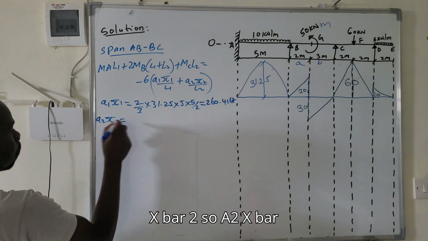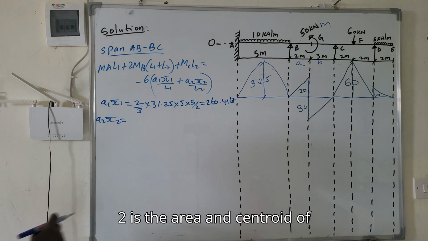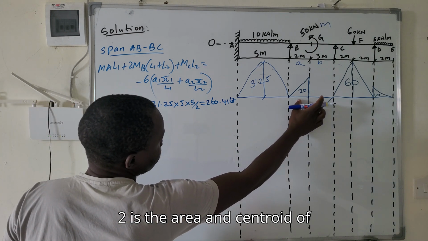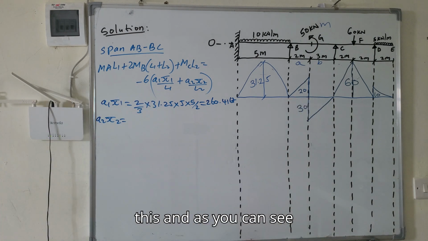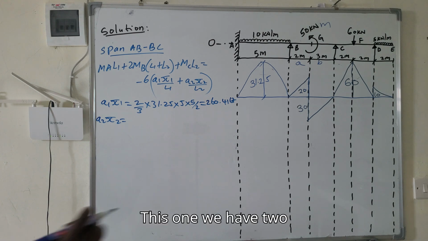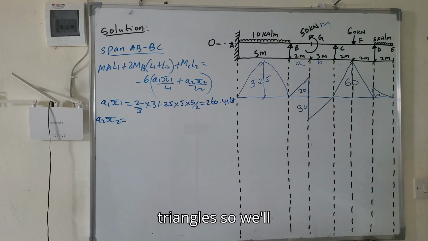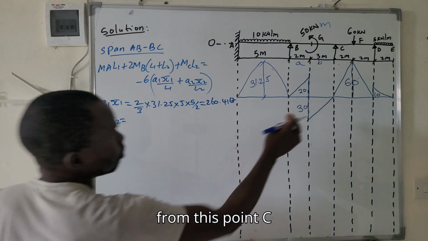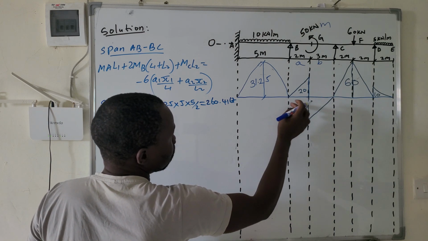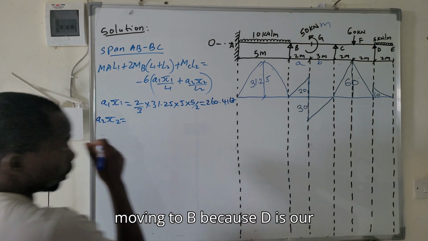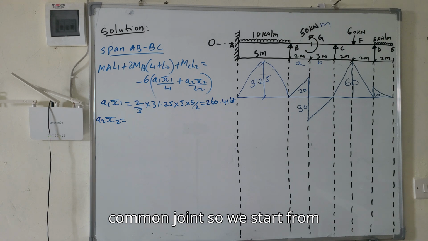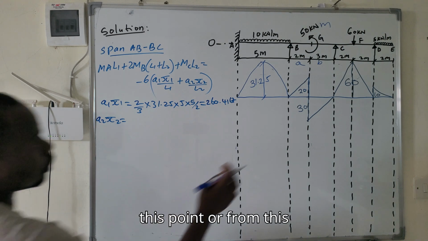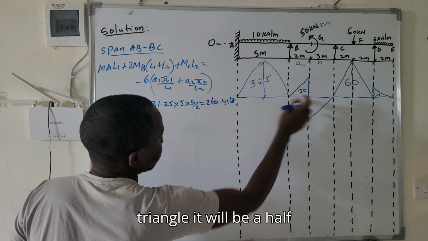And then we proceed to A2 x bar 2. So A2 x bar 2 is the area and centroid of this. And as you can see, this one we have two triangles. So we'll start calculating our centroid from this point C, moving to B, because B is our common joint. So we start from this triangle.